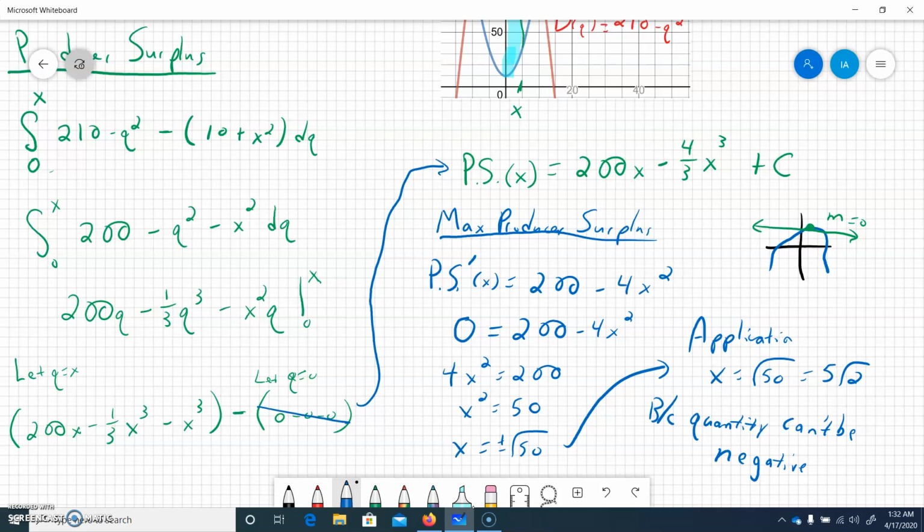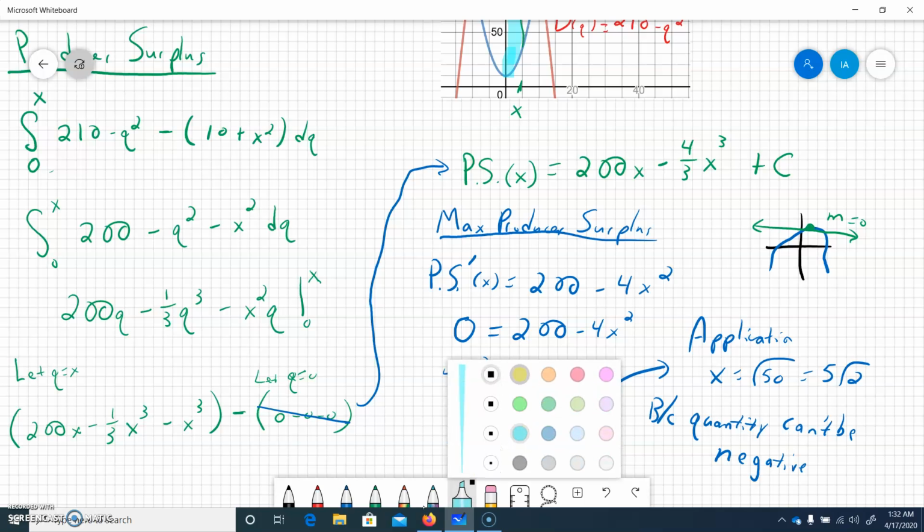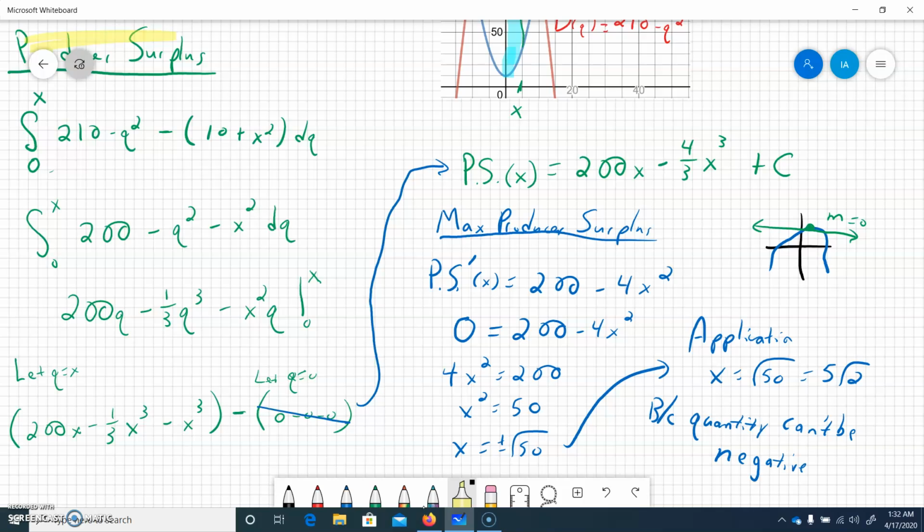So if you look back at what we've done here with the producer surplus, we've set up the equation. Let's go back with a nice little highlighter. We're trying to find the producer surplus, so we set up an equation, and then we want to integrate it, which actually gives us the equation. We plug in the endpoints, where one is held open because we don't know what it's going to be.